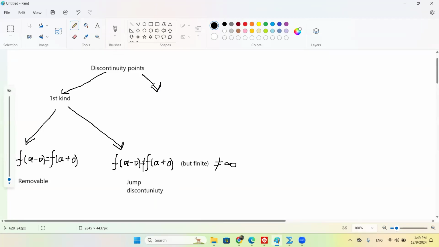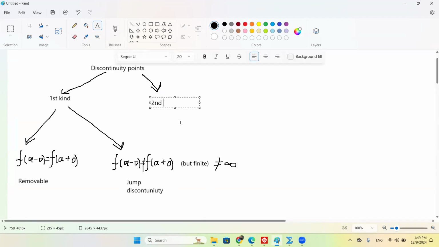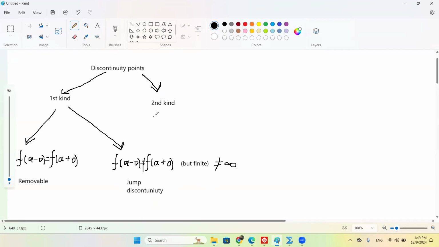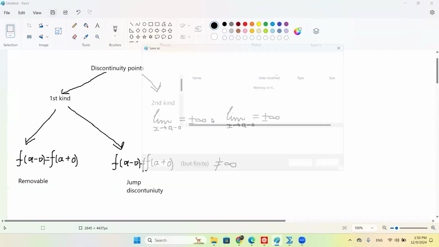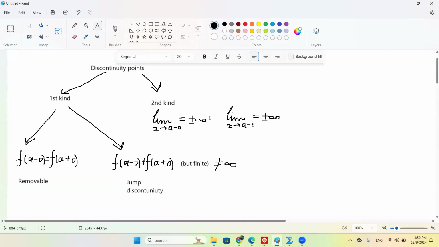And the second kind: if they are not equal and infinite, so if either one of them, as x approaches a minus 0, equals plus or minus infinity, or, so one of them can be infinite, it will be enough.